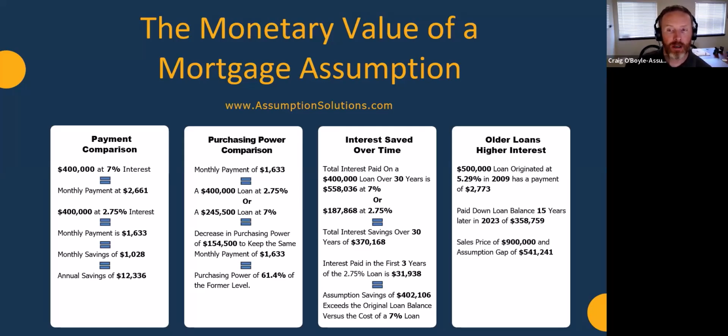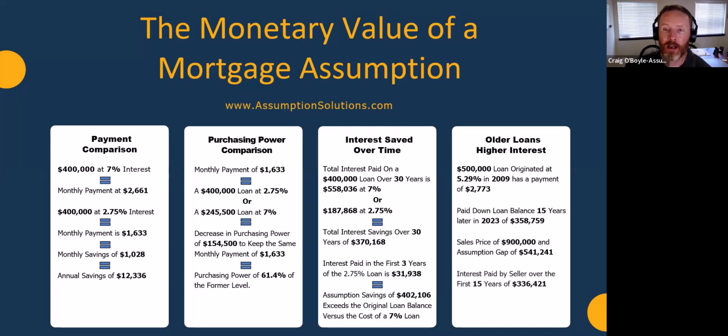At the time of marketing the home, the sales price was $900,000. And the assumption gap, which is the difference between that $900,000 and that $358,759, is $541,000 and change. So it took a big down payment. The buyer of this home sold a home in Hawaii and was coming here, so they had that gap money in cash.